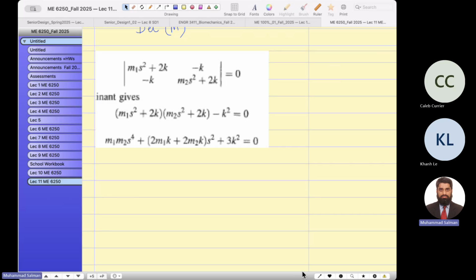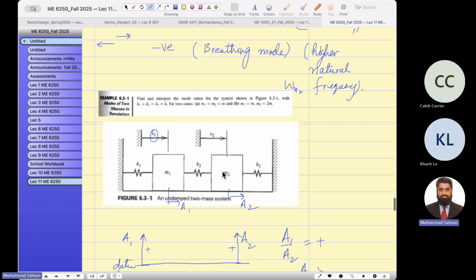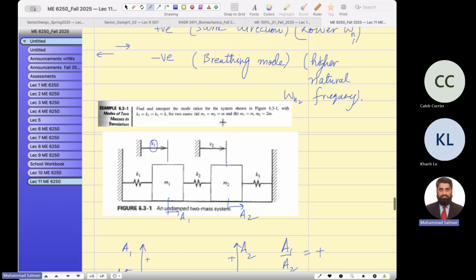Now you have to multiply. Can you replace this s squared by u? The benefit of doing that is that it becomes a quadratic formula. You know that in this question m1 is equal to m2, which is m, and k1, k2 and k3 are all the same. Agreed?